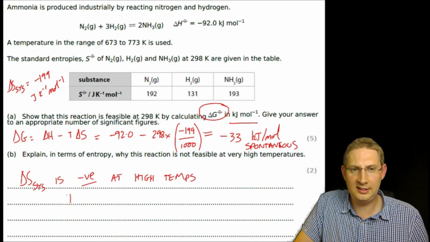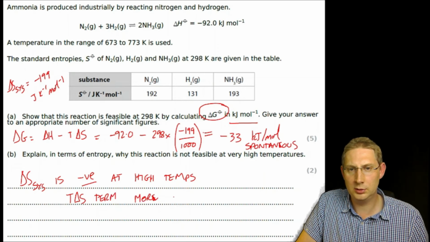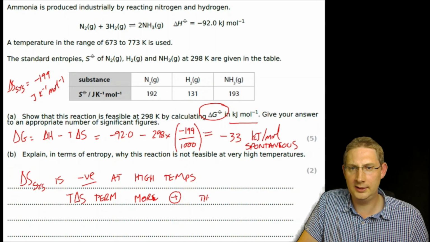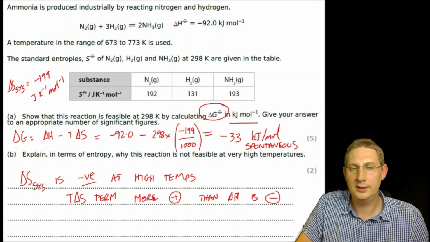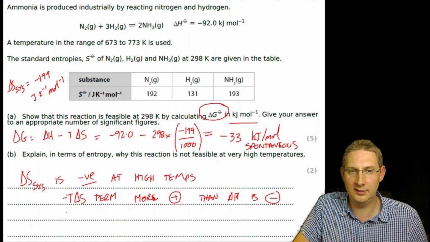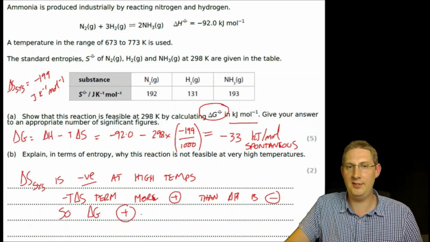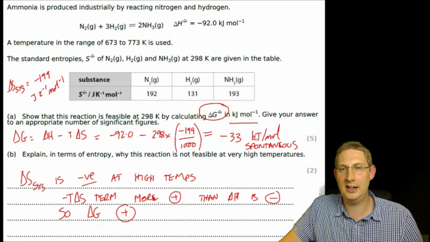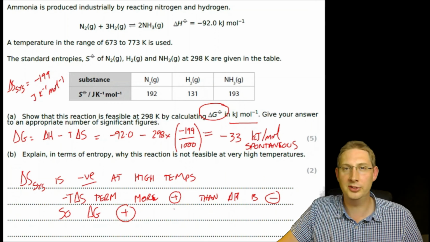Therefore, the T deltaS term is more positive than deltaH is negative. So the minus T deltaS term, I should say, is more positive than deltaH is negative, so deltaG is a positive number at very high temperatures. And again, link that idea to Le Chatelier: higher temperatures, so less spontaneous.